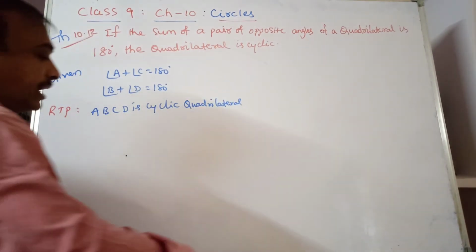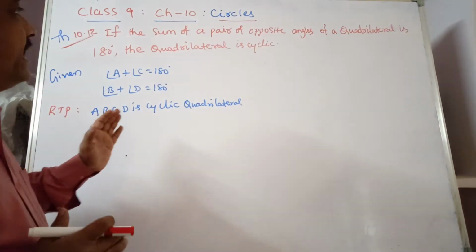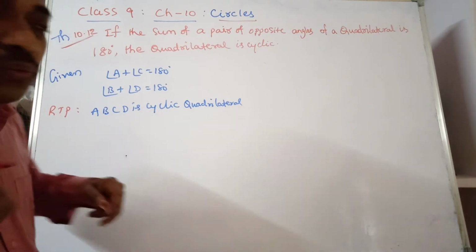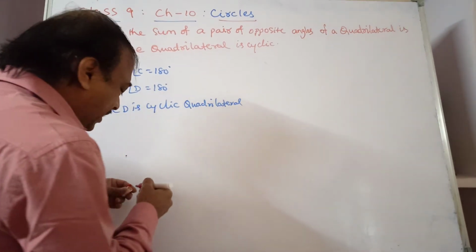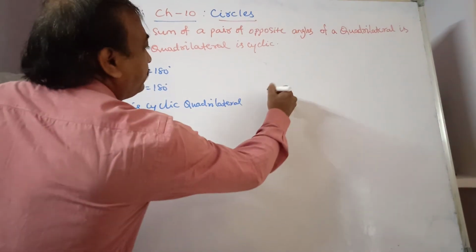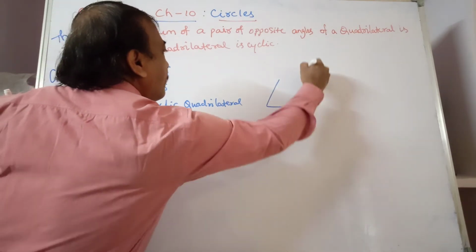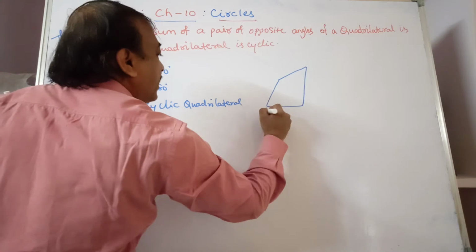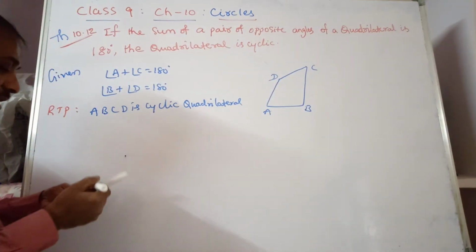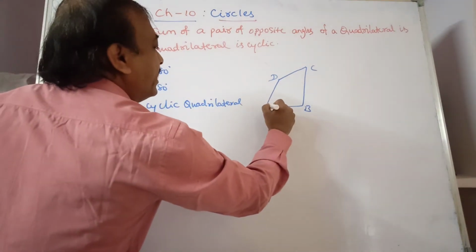Now you see, assume that ABCD is a quadrilateral. We have to prove it is cyclic. Draw a circle passing through three non-collinear points. So here we have a quadrilateral like this, A, B, C, D. Draw the circle neatly through these three non-collinear points.